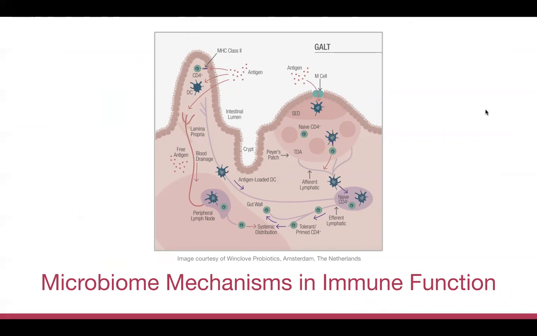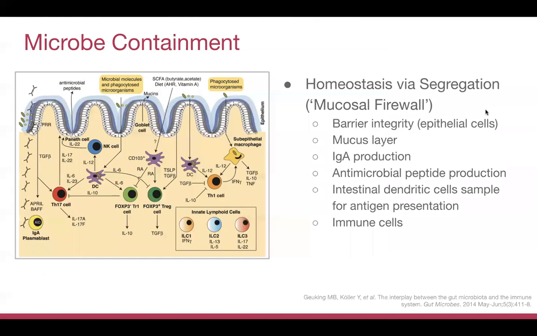Thank you, Andrea. So now let's focus on how the microbiota influence our immune competency. First, let's look at microbe containment. We want to contain the microbes to the tube in the middle of the body.